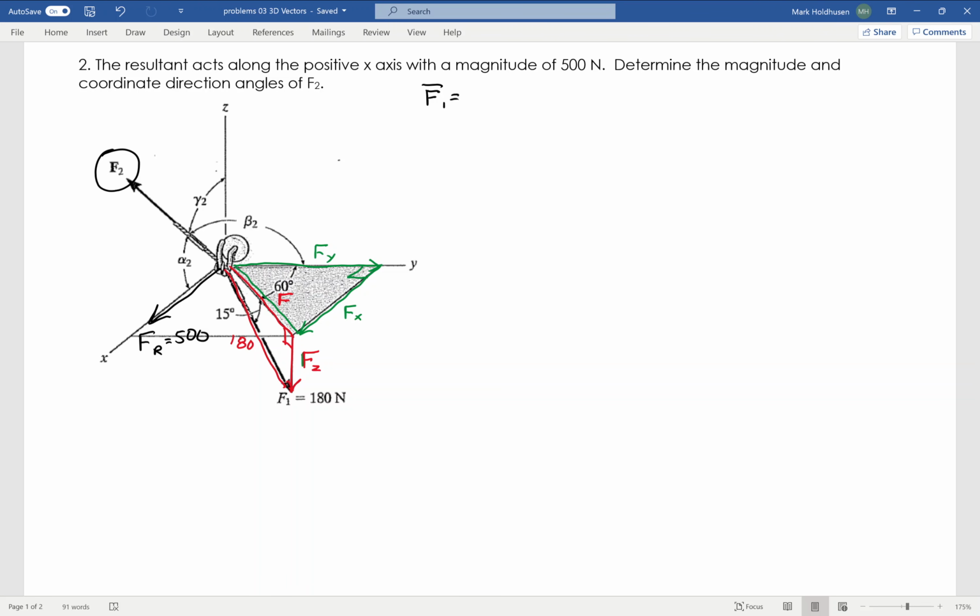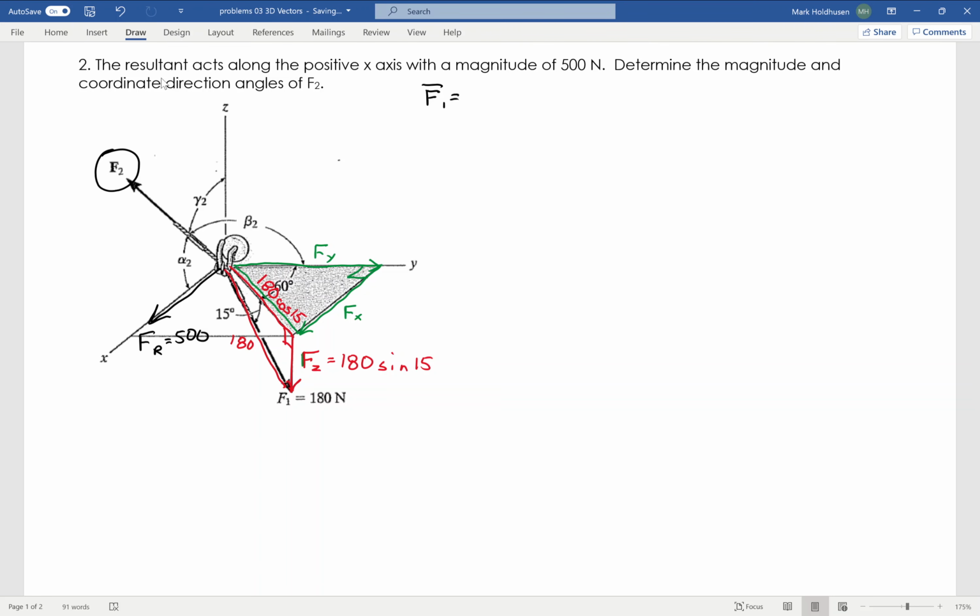So the first thing I do is recognize Fz is going to be opposite of that 180, so Fz is 180 sine of 15, which is pretty straightforward. And that means this F here is going to be 180 cosine of 15. Now that's the hypotenuse of that green triangle, and it's also the adjacent leg of the red triangle.